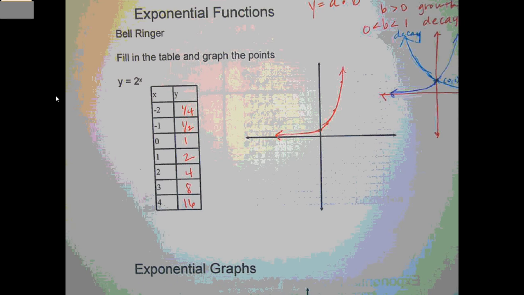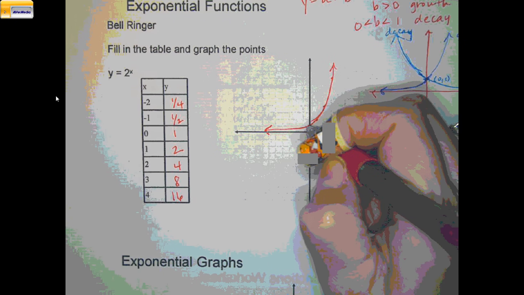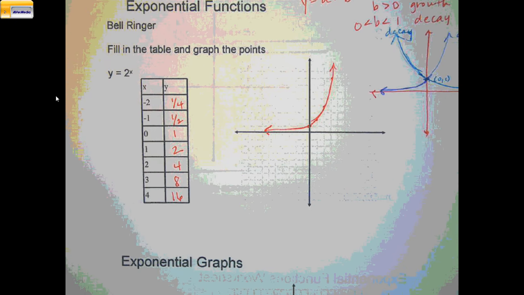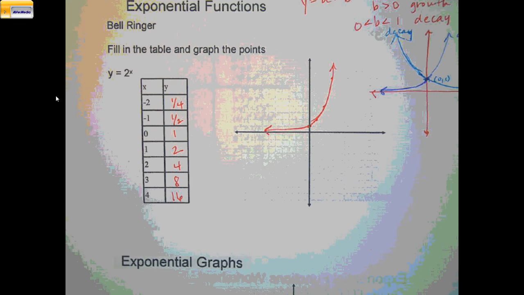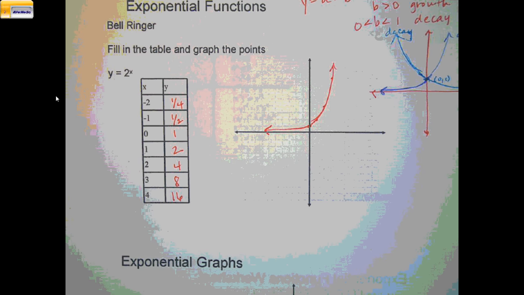So we don't have to plot the other points exactly, but I need to be able to tell that it's getting infinitely closer to the x-axis. Whenever you graph on today's worksheet, I just need 5 solid points.